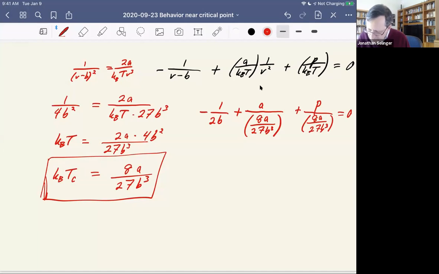So if I multiply through by 8A over 27B cubed, negative 1 over 2B over 27B cubed plus. Is it B cubed or just over B? Let's see. Oh, over B. No wonder I'm having trouble.